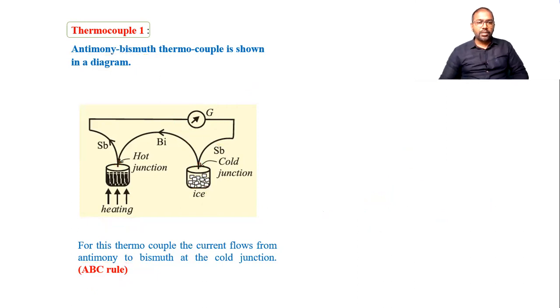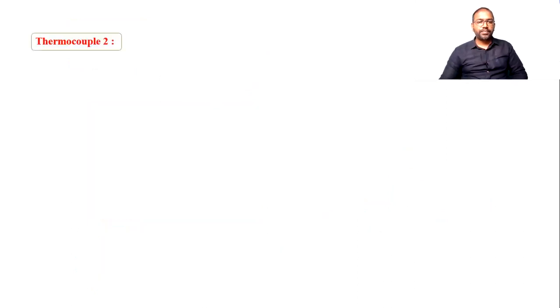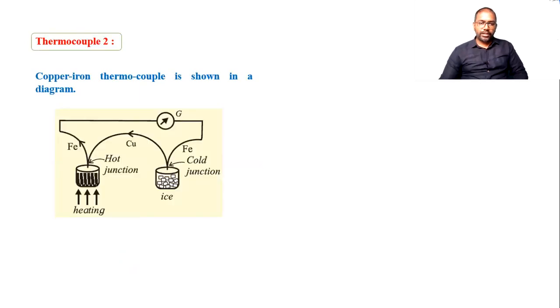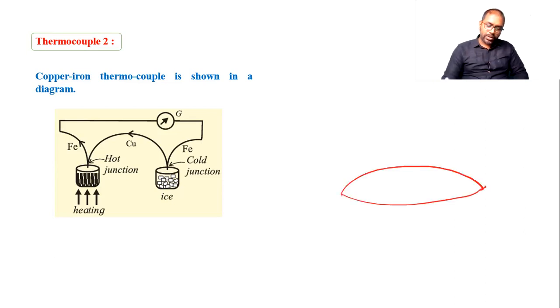Now the second thermocouple we can consider here is copper iron. Copper means Cu and iron means Fe. So this is Cu and this is Fe. I can consider this is the hot junction and this is the cold junction.